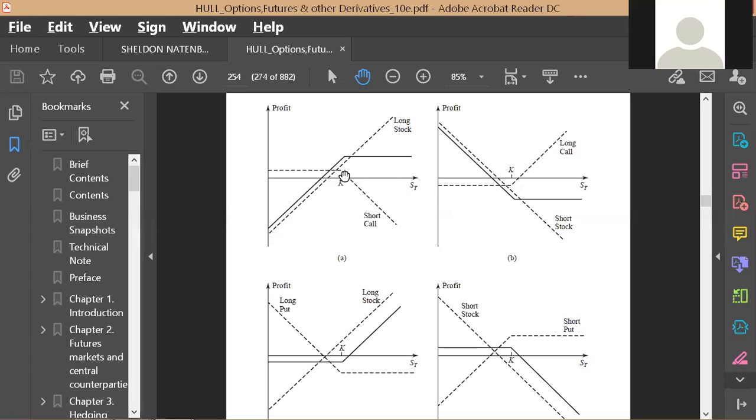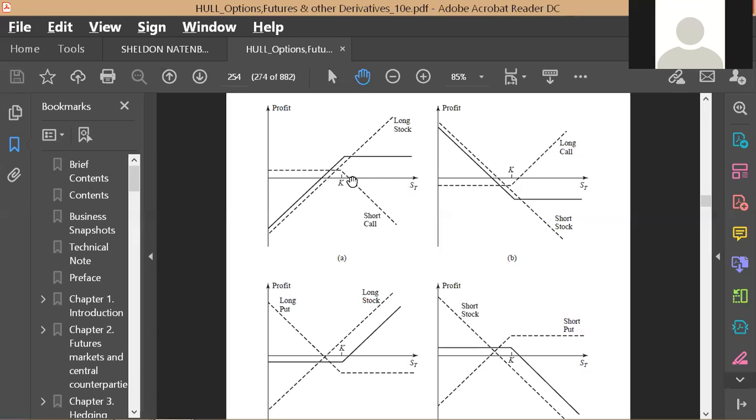But what do you need? You need an outcome where, for all market prices above K, your profit profile should not increase or decrease proportionately. It should be kind of flat, a constant profit above K, like this one. You're recreating this. But the short call that you came up with is giving you this kind of profile above K, so you can't allow this to happen.